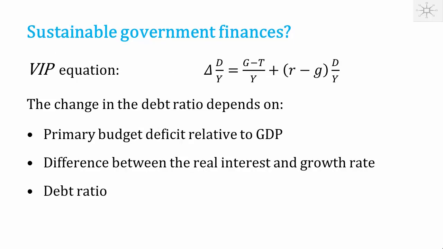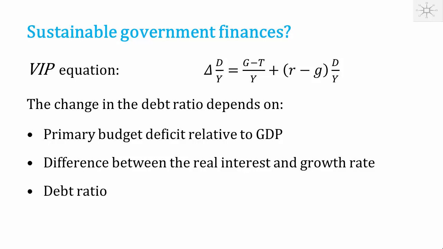Here we have written this equation without the time indices, just in a simple way, so you can remember it. It's a very important equation, one you really have to know if you want to be an economist.